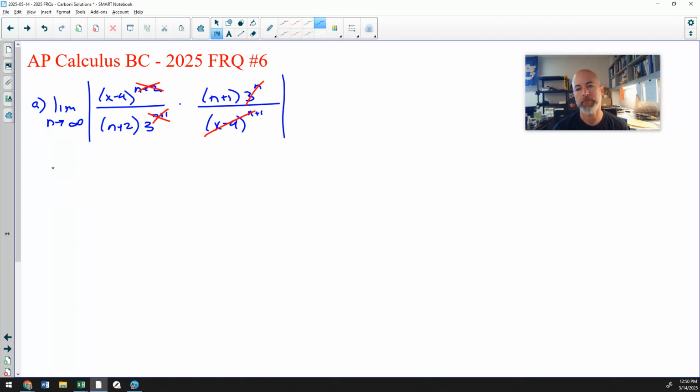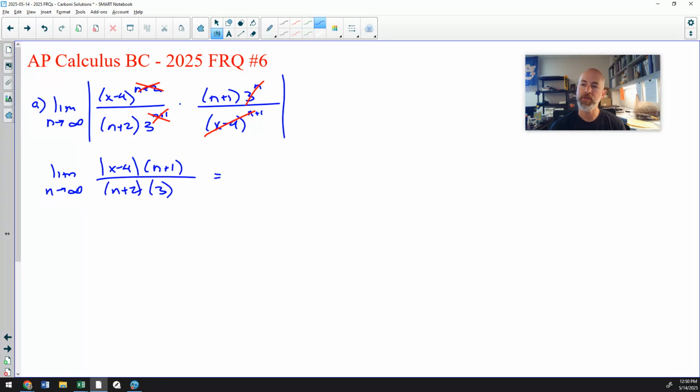So that's going to be the limit as n goes to infinity of the absolute value of x minus 4. N plus 1 will always be positive, so I can take it out of the absolute values. Same thing with n plus 2, and the same thing with 3.